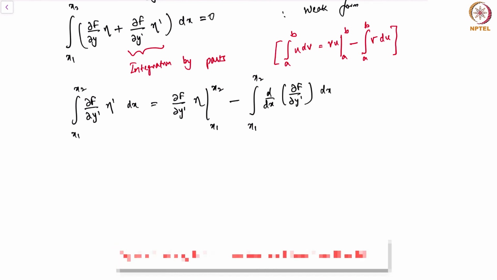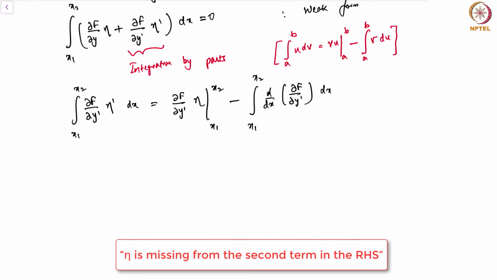This is the integration by parts of the second term in my expression.